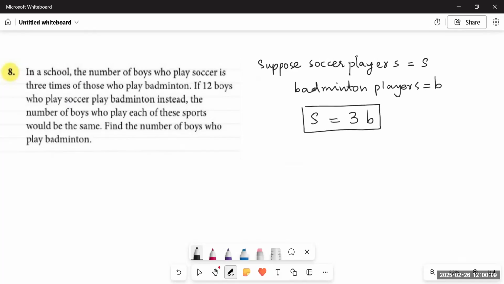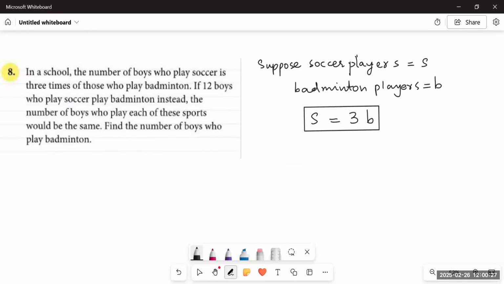Whatever the number of badminton players is, we will multiply it by 3, so we will get the number of soccer players. For example, if there are 10 badminton players, according to the statement there would be 3 multiplied by 10, 30 soccer players.